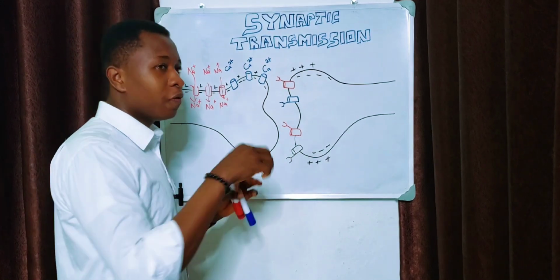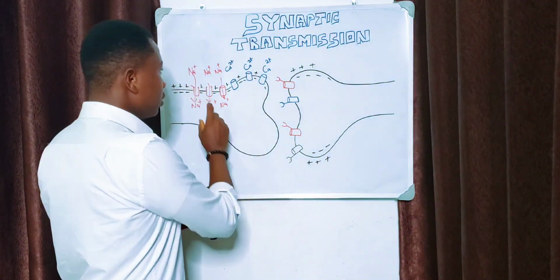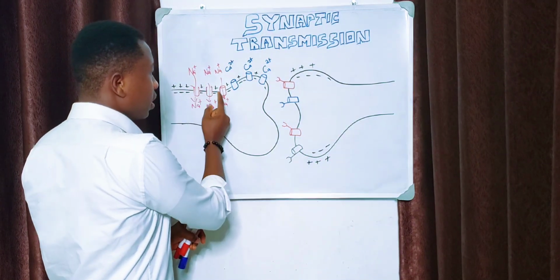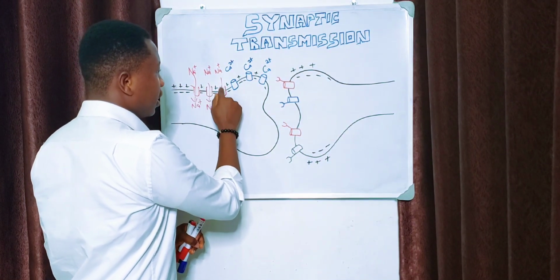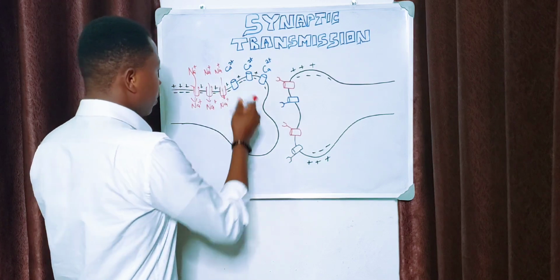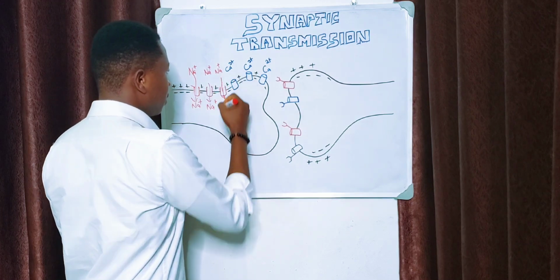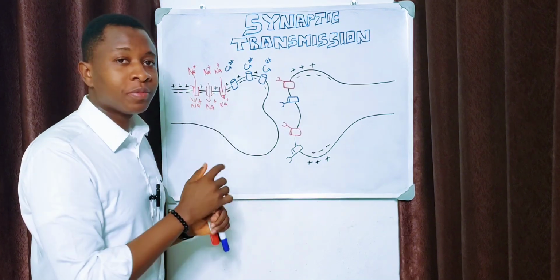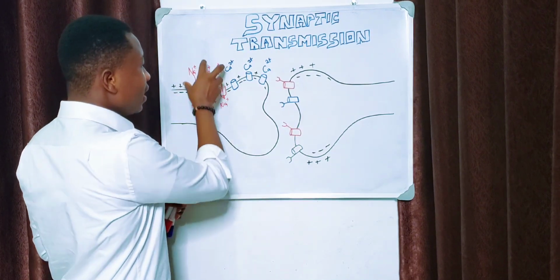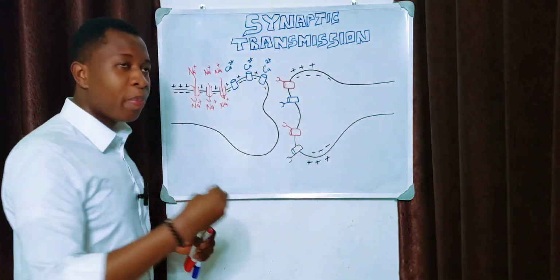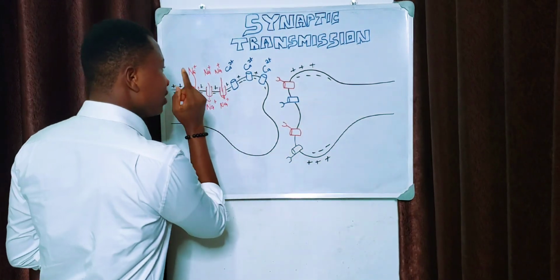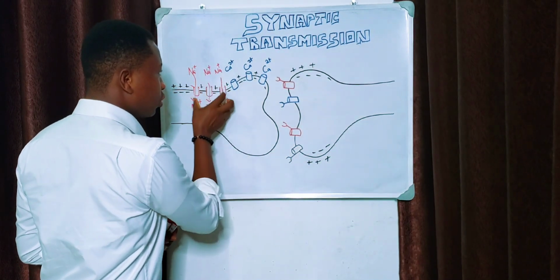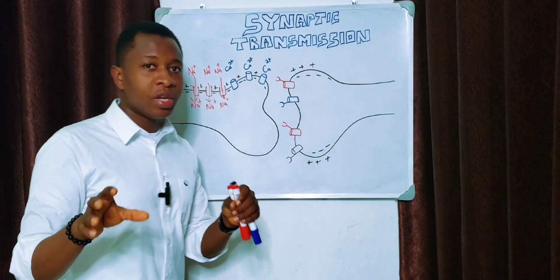When it gets to 55 millivolts, it begins to open up these voltage gated channels and allows the sodium to get in, so the cell becomes more positive. On getting to this point, the sodium channels won't be opening any longer.